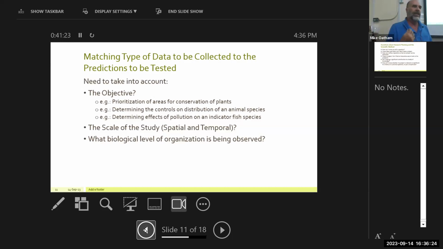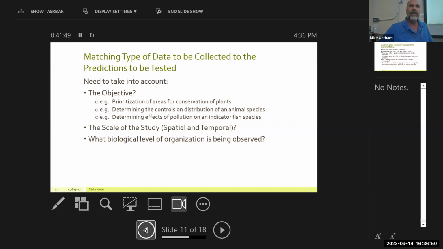Okay, so if you're looking at ants, for instance, you may get a population of ants within 20 square meters. Okay, so that would be the sample size that you need. And that may be the scale of your study.